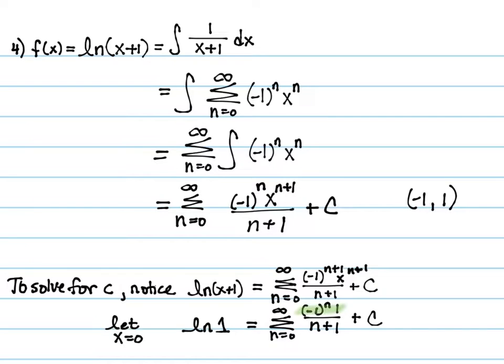But if x is equal to 0, what does all of this become? 0. Yeah, this is 0. So this piece is equal to 0, so my c value is actually going to equal 0 on this. So even though I had the plus c at the beginning, c ends up equaling 0.